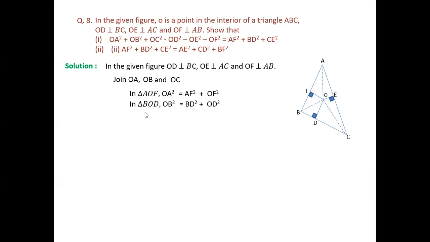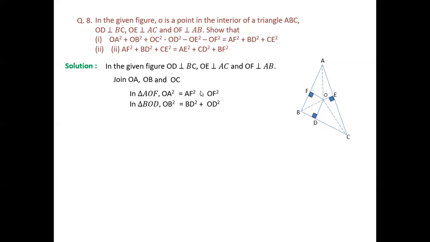And now you take triangle BOD. In this triangle, OB square is the hypotenuse. So OB square is equal to BD square plus OD square. How we are going about is, see here, we want to prove this. So OA we got, so I am writing in terms of OA, OB and OC.